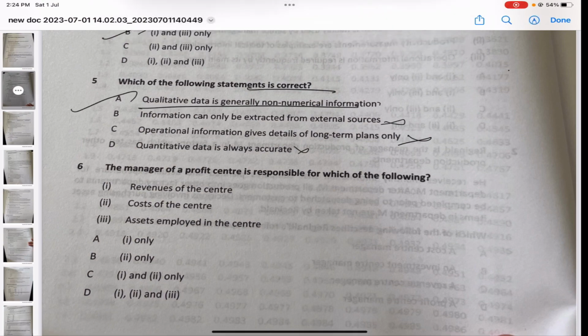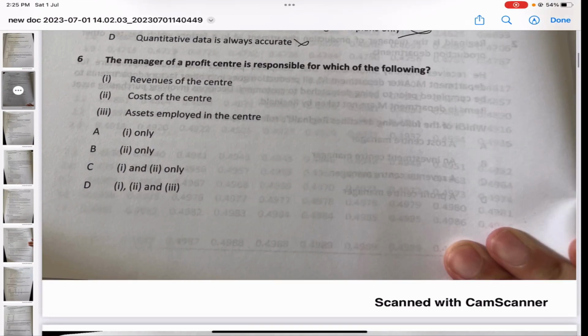Other all are incorrect. The manager of a profit center is responsible for which of the following? So a profit center, he is responsible for what? Think about it for a second. A manager of a profit center is responsible for what? Revenues, costs, assets employed in the thing.